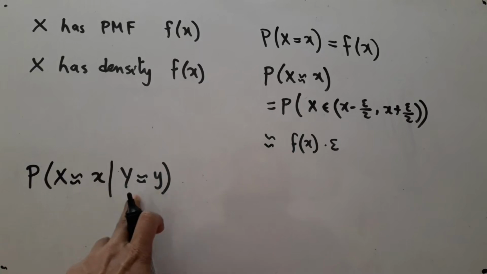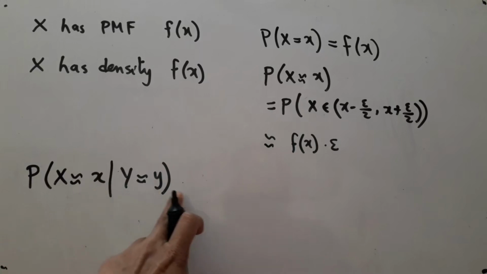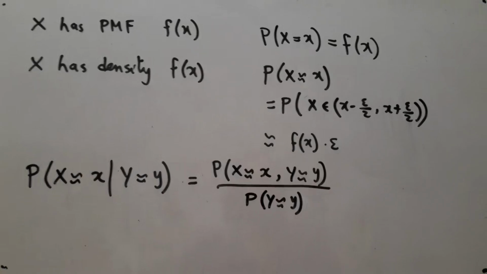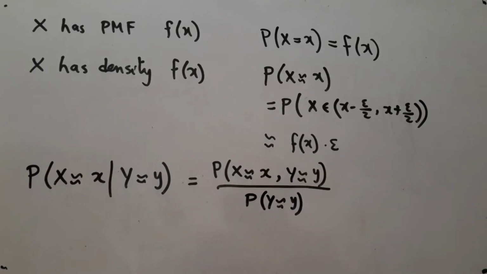Similarly, y minus epsilon by 2 to y plus epsilon by 2. Now this has got positive probability, and so we can write, using the definition of conditional probability, x approximately equal to x and y approximately equal to y divided by probability that y is approximately equal to y.